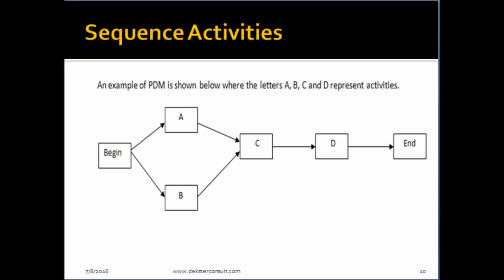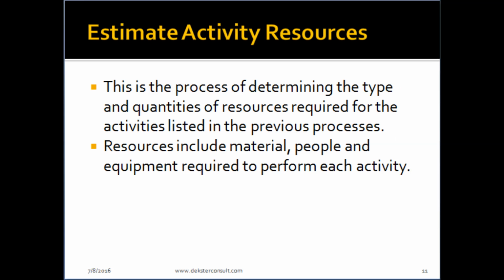Activities to the right are said to be successors, and activities to the left are predecessors. Activities A and B are not dependent on each other directly, so they could be done in parallel, but activity C needs to be completed before activity D can begin in a simple finish to start relationship.